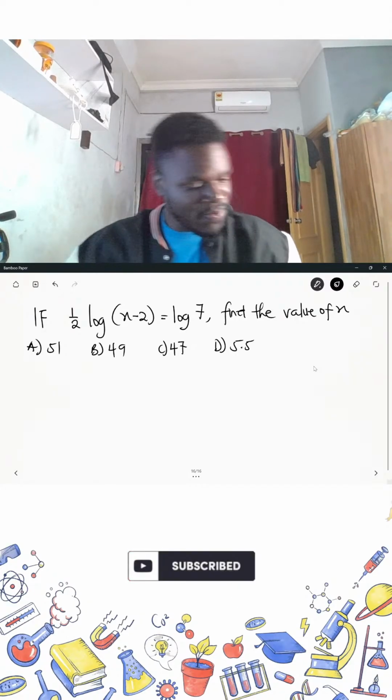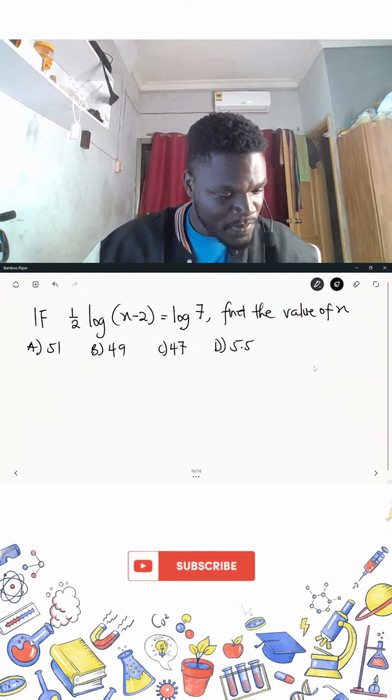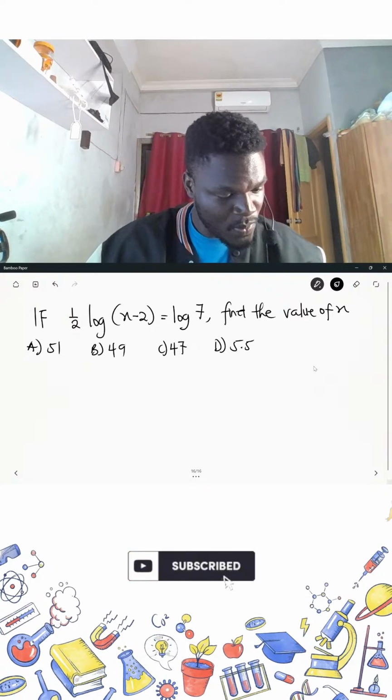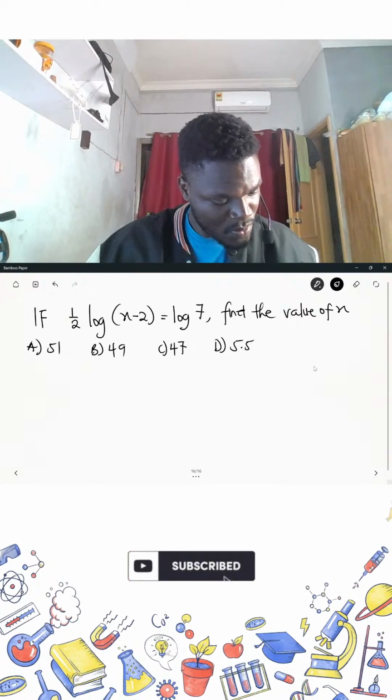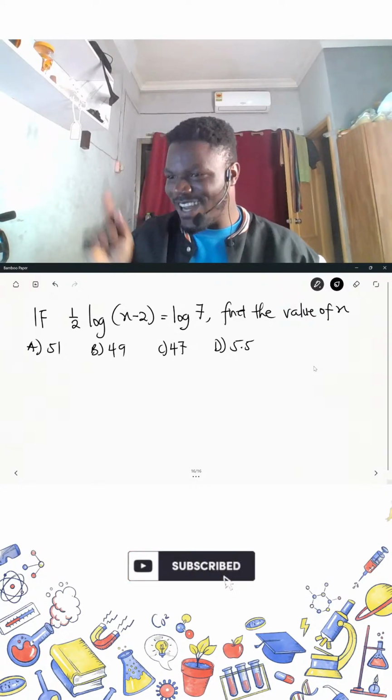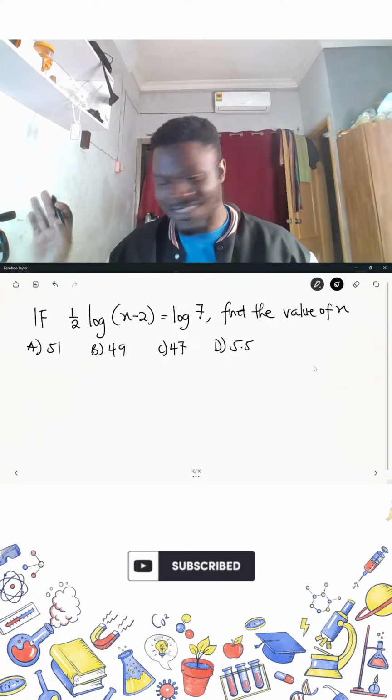Okay, Vishal also has 51. Anyone else? Okay. Colina also has 51. Now this is amazing. This is amazing.